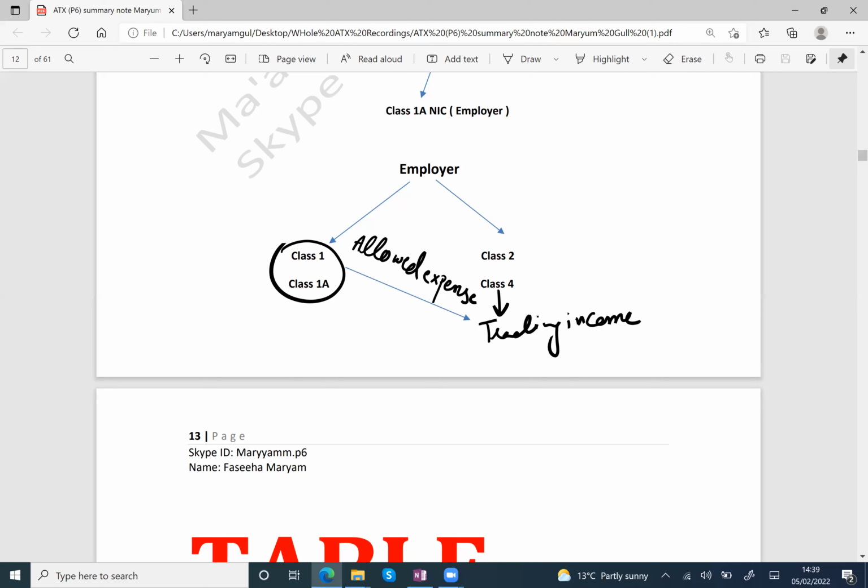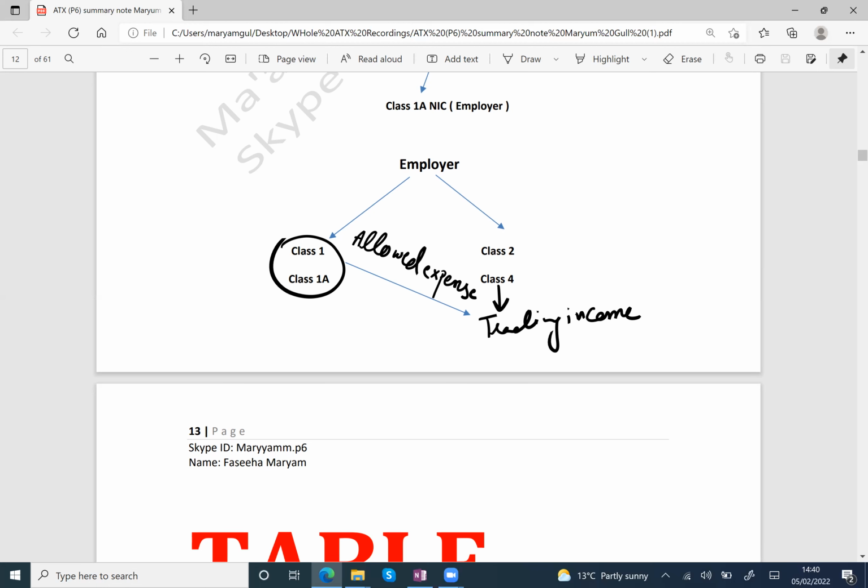I think all of them are allowed expenses. Very good. Cash benefits, non-cash benefits, and the class 1 and 1A NICs on these benefits are all allowed expenses for the employer and he can deduct them from his trading income. Done? Yes, ma'am.